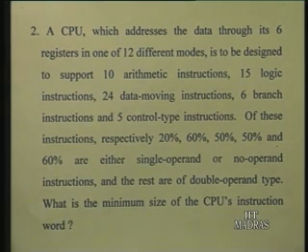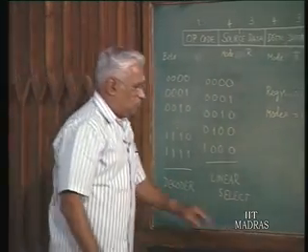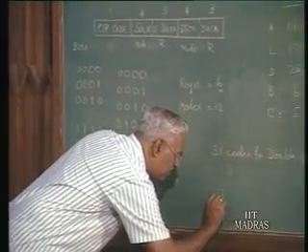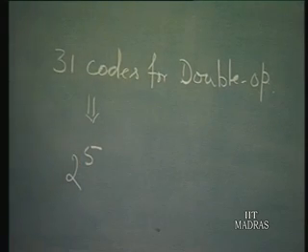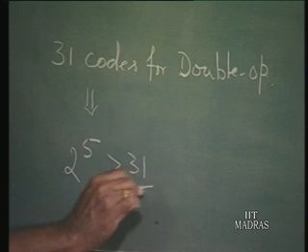So the same way the opcode also will have to be in this kind of a coding. So the minimum would be 2 to the power 5, because 2 to the power 5 is 32, right, which accommodates the 31 that we need.